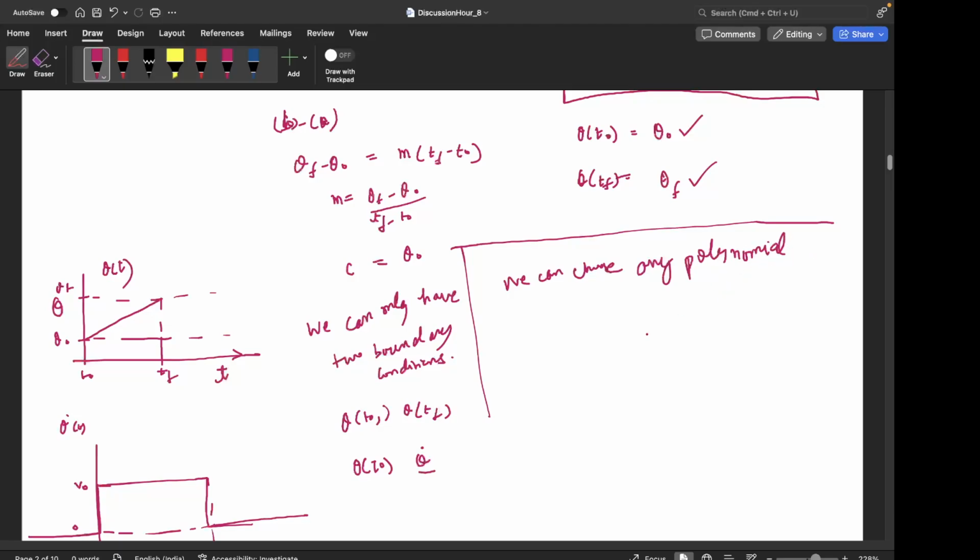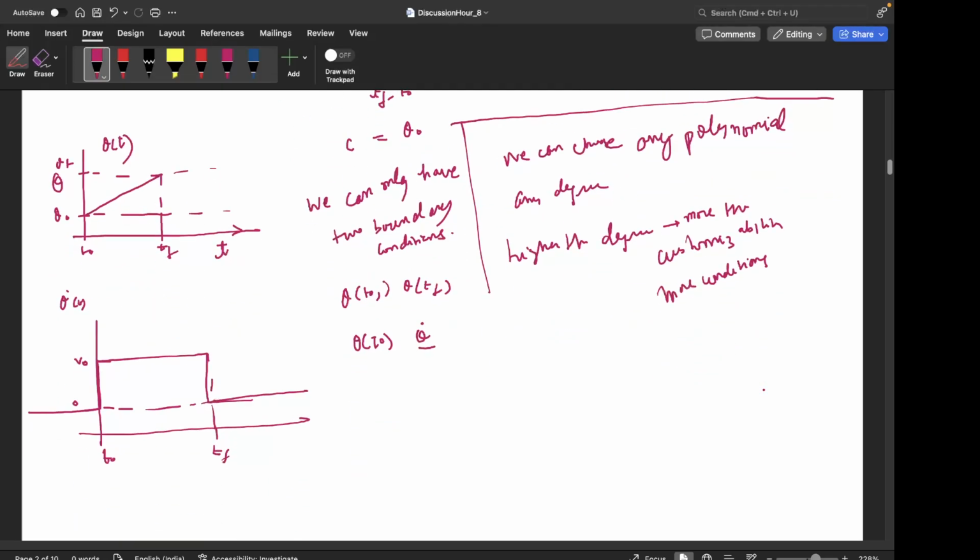So any polynomial of any degree, and the higher the degree, the more the customizability. So more conditions can be applied or enforced. You have freedom to enforce more conditions on the trajectory.